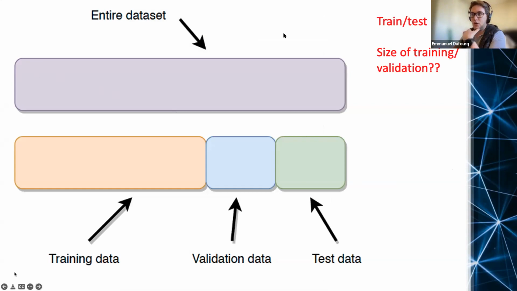So when we have our whole data set, what we would like to do is split it into maybe 3 splits. One is the training data, and then you'll see that we have some validation and testing data. Now, why do we need validation and testing data? Why do we not just need training and testing?